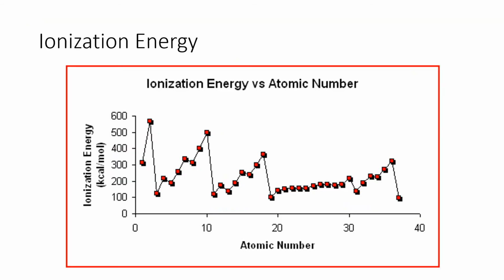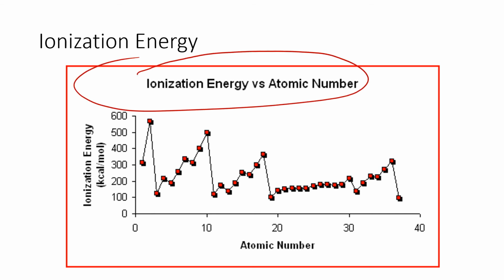Looking at this, ionization energy versus atomic number. It increases as you go from left to right on a row, and up here that is neon. Notice that it then drops again, because you're adding another orbital.